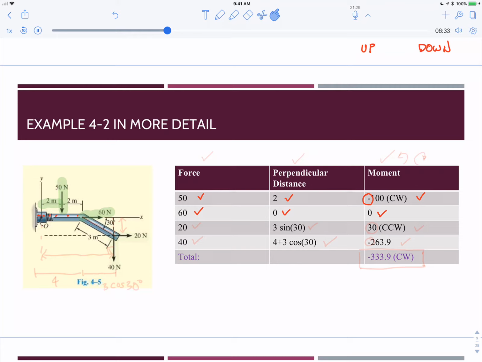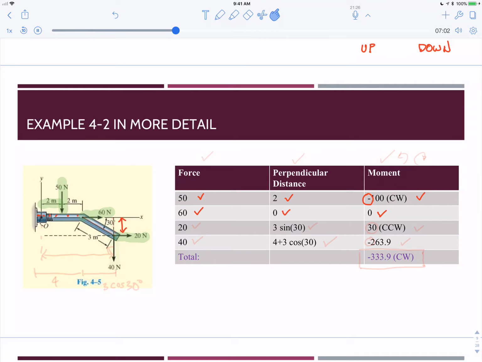It has no moment. That's just like the picture I drew where instead of trying to put a torque or a moment with the wrench, you're pushing and pulling right through the nut. It'll have no moment. It won't work. Finally, we have this 20 Newton force here. Its perpendicular distance to O is this distance right here.